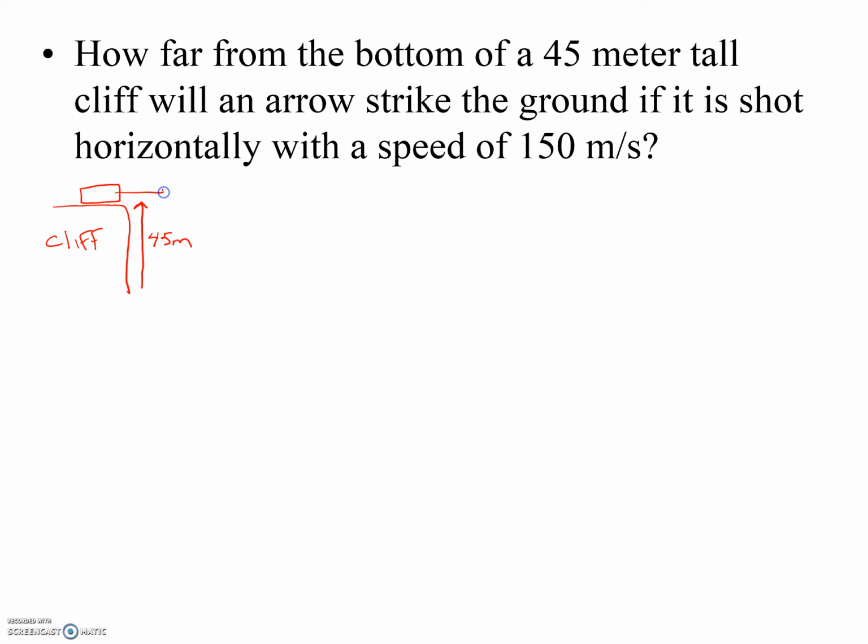When we fire the arrow, the horizontal velocity is 150 meters per second. And remember that the velocity in the horizontal direction doesn't change, but the velocity in the vertical direction will change because of the acceleration due to gravity.